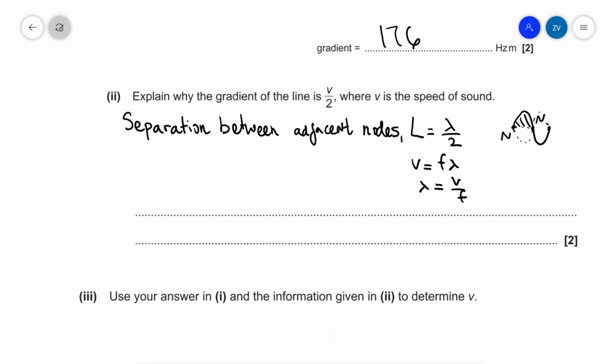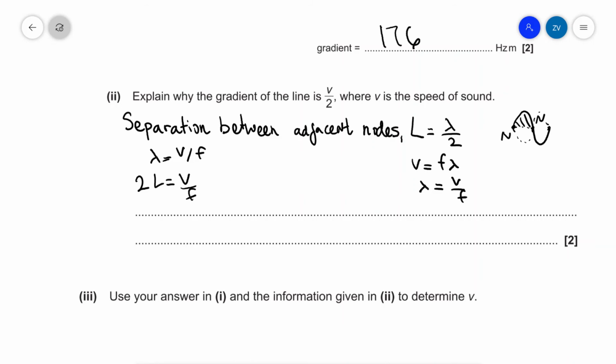This means that if we rearrange for lambda, lambda is equal to v over f. Well, lambda is also equal to 2L. So I'm going to write here 2L is equal to v over f.